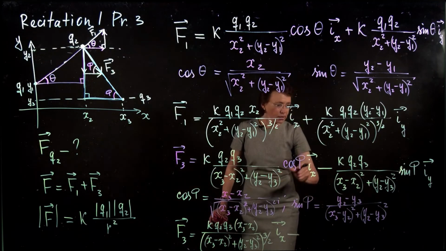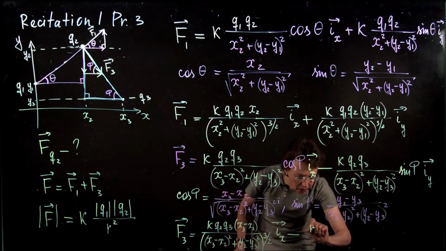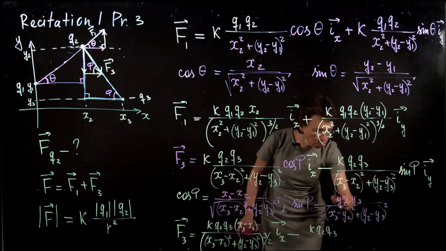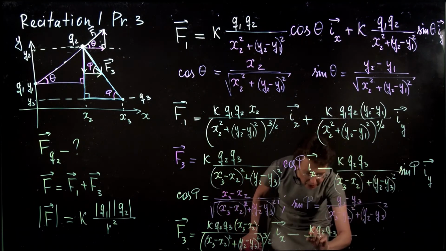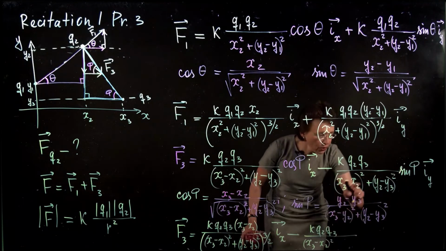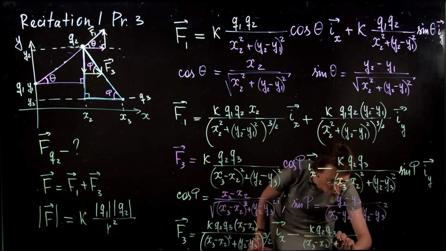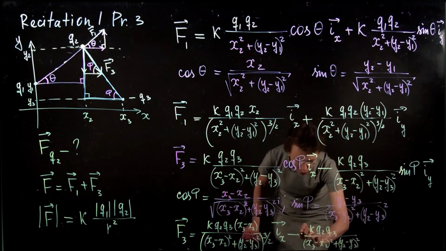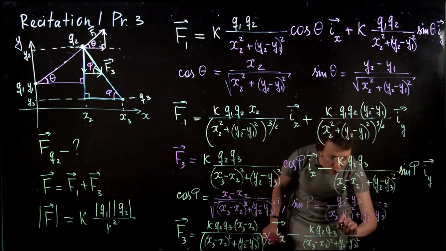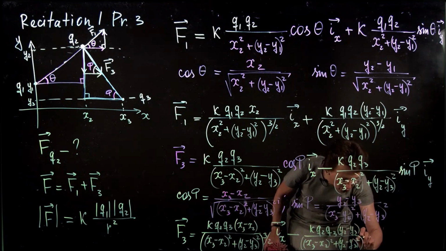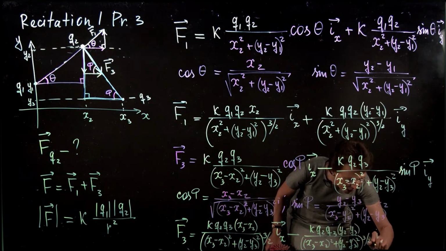Minus, the y component is negative, k q2 q3 divided by x3 minus x2 squared plus y2 minus y3 squared, and all this I need to multiply by sine phi, which means y2 minus y3 in the numerator, and then the denominator will be to the power 3/2, and this is my y component of the resultant.